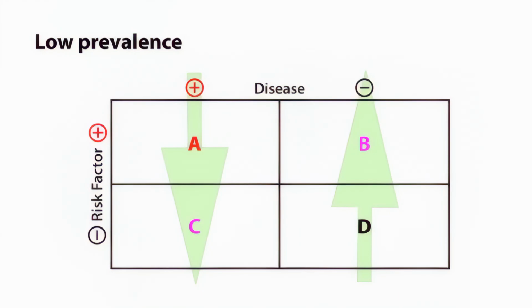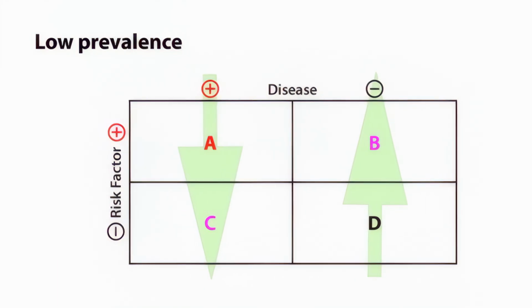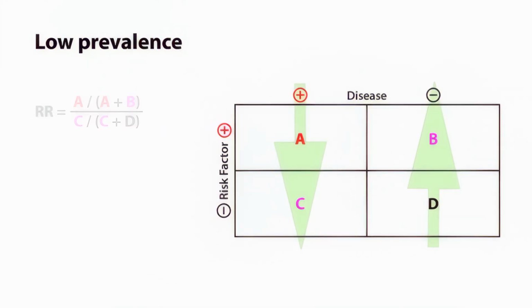Let's assume that the disease prevalence is so low that A and C become minuscule. If A and C become minuscule, how does the equation for relative risk change? Remember, the equation for relative risk was A over A plus B divided by C over C plus D. So if A is a tiny number relative to B, then A plus B essentially just becomes B, right?